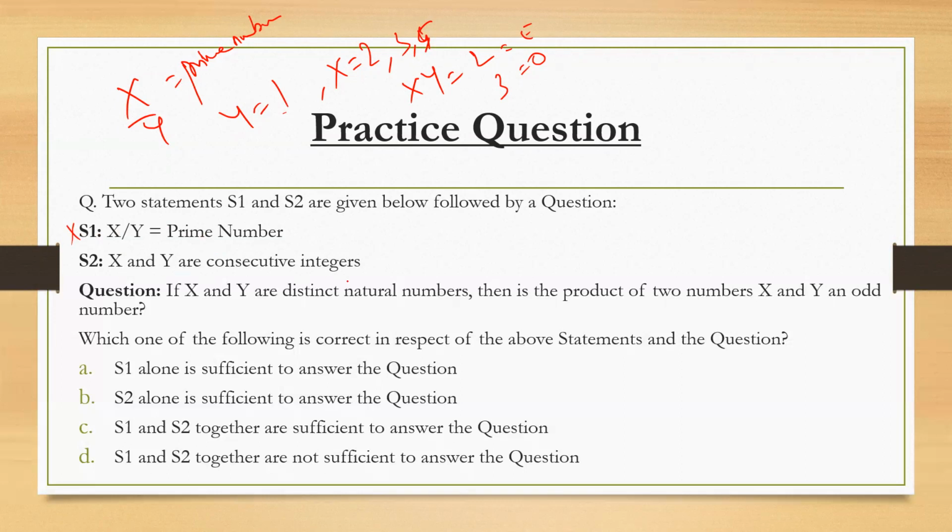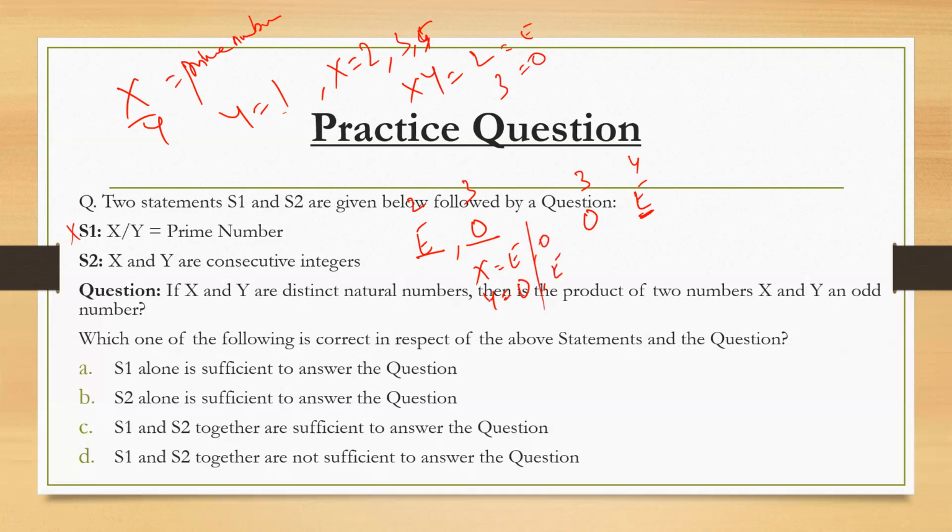Now, what about consecutive integers? When we talk about consecutive integers, we talk about basically either an even and after that an odd, that is 2 and 3, or it can be what? An odd and then an even, that is 3 and 4. That means always there will be an even number here. So either X is even and Y is odd, or X is odd and Y is even.